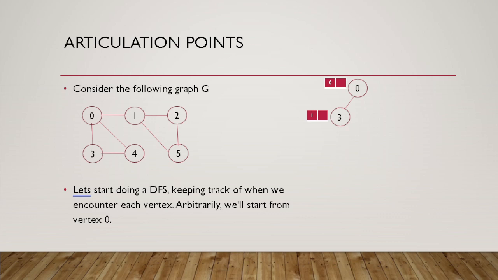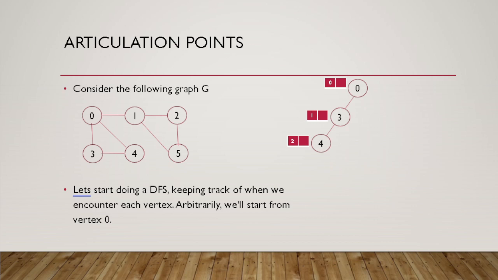Maybe the next one we encounter is vertex 4, which gets DFS number 2. From vertex 4 there's nowhere to go, so the algorithm bubbles back to vertex 3. From vertex 3 there's nowhere else to go, so it bubbles back to vertex 0.